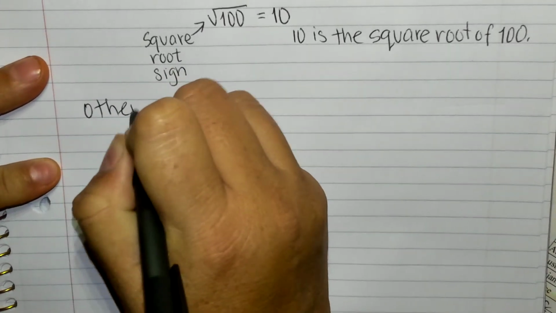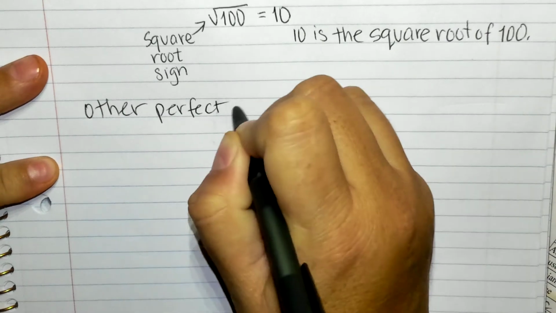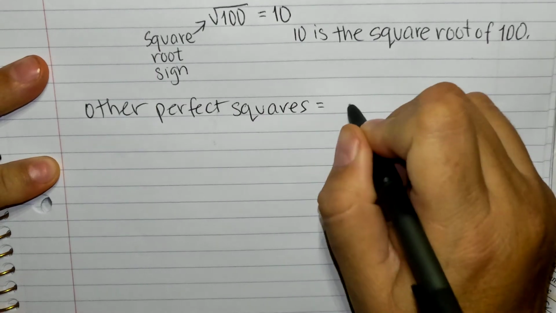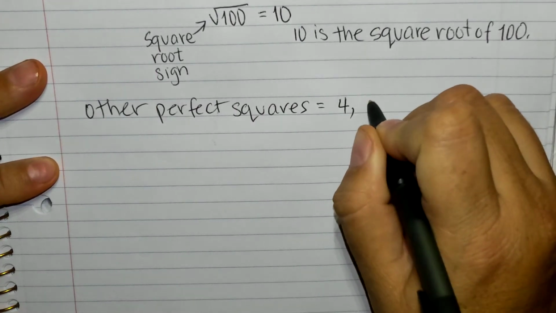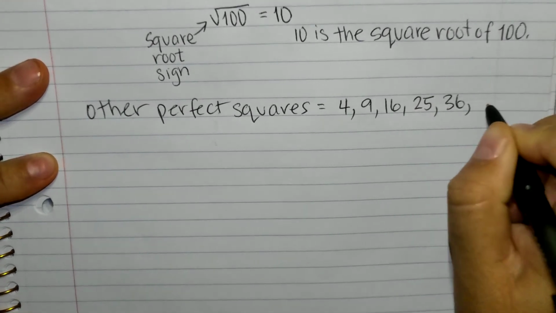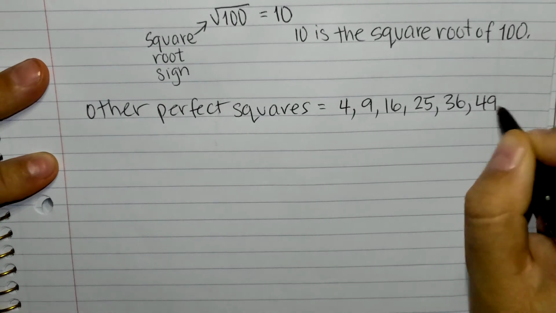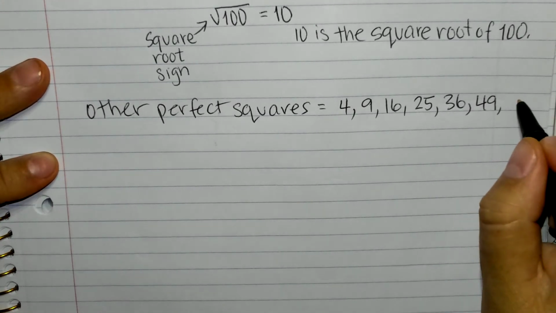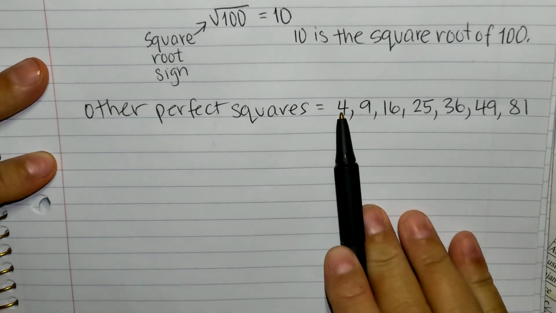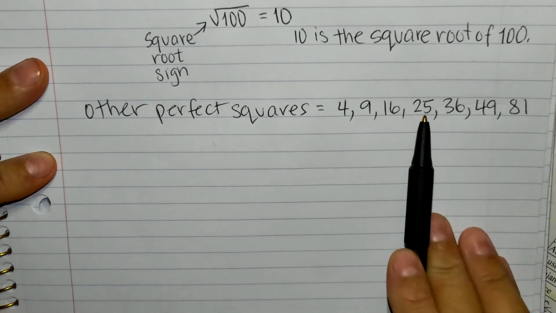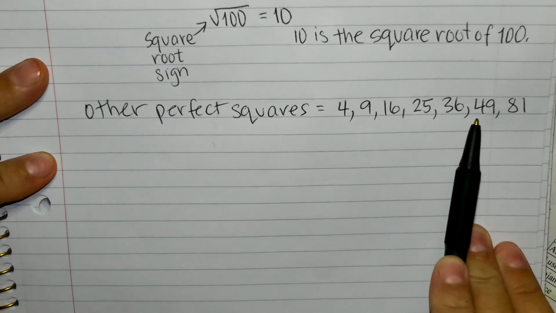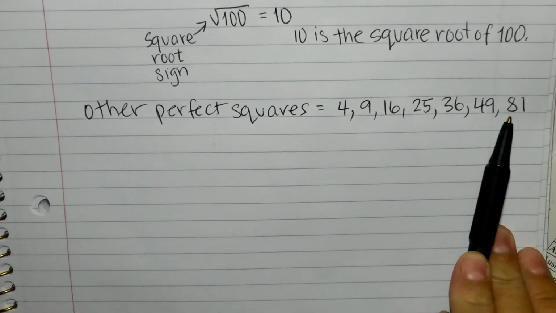Other perfect squares are 4, 9, 16, we had 25, 36, 49, skip, 81, right? So this is 2 times 2, 3 times 3, 4 times 4, 5 times 5, 6 times 6, 7 times 7. I skipped 8 times 8 and went to 9 times 9.